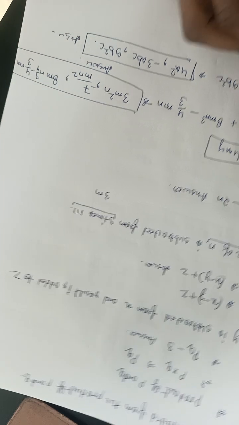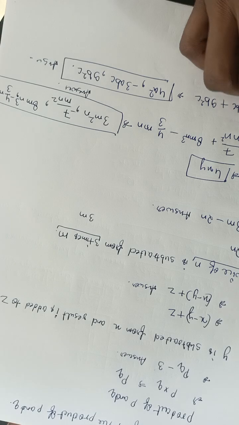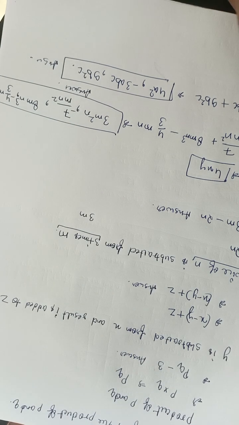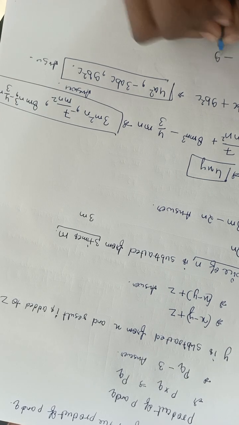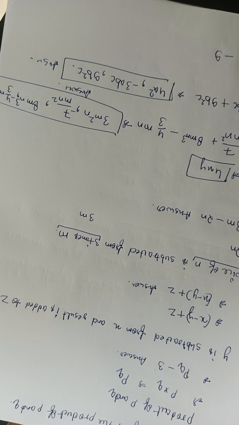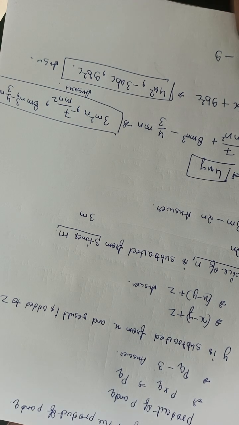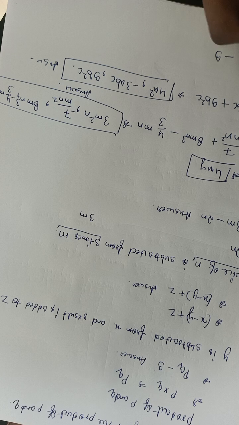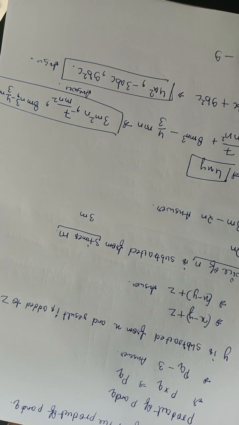Okay, question number fourth you will be doing on your own. Write the constant term of an algebraic expression. I have told you you have to write the constant term. The first question is 4x square minus 3xy square minus 9. You have to write the constant term. This term contains a variable, this also contains a variable, so obviously it is minus 9.